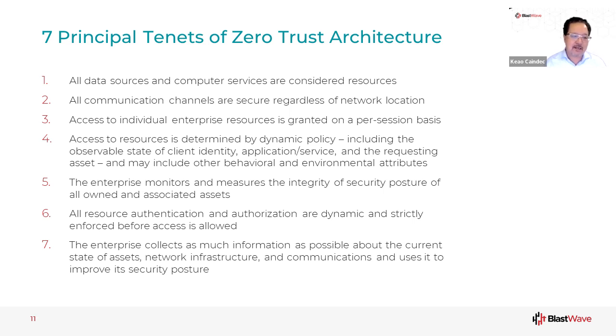The sixth tenet is all resource authentication and authorization are dynamic and strictly enforced. And this is the most important part, before access is allowed. Before access is allowed, and hopefully you restrict visibility before that authentication occurs. That's the gold standard. That's right.